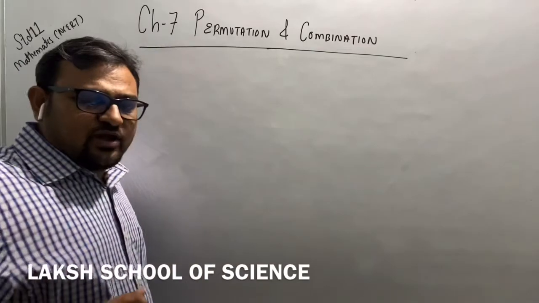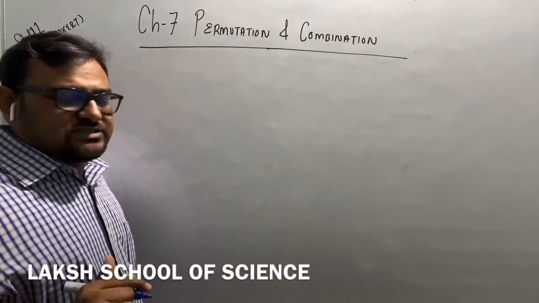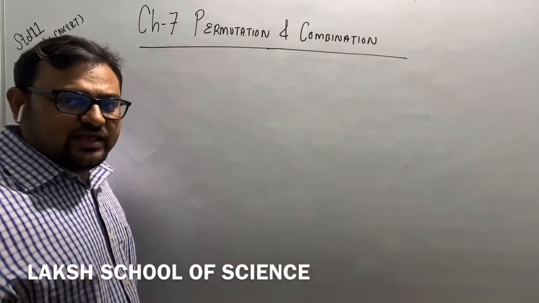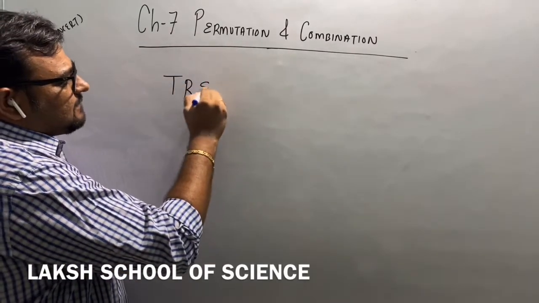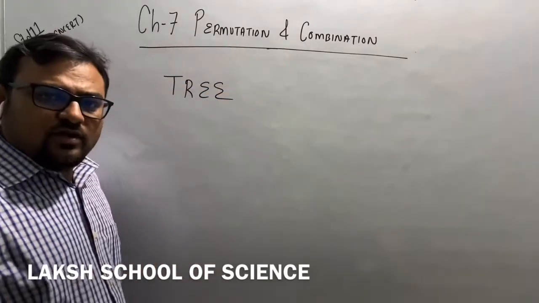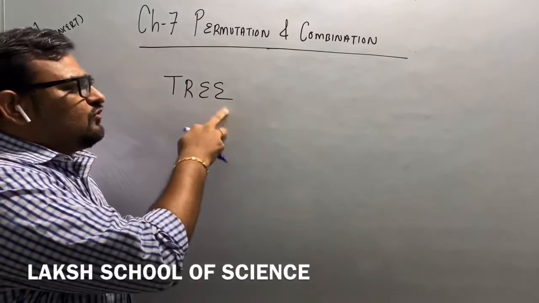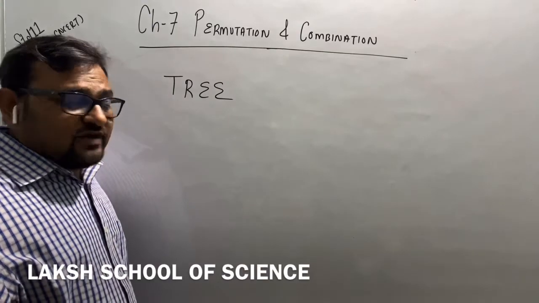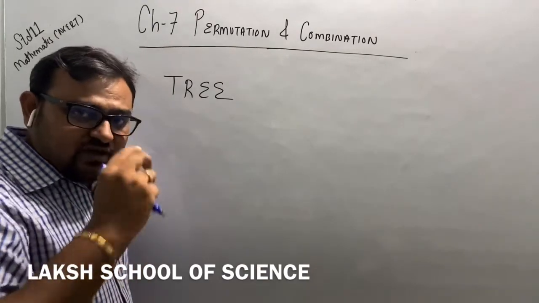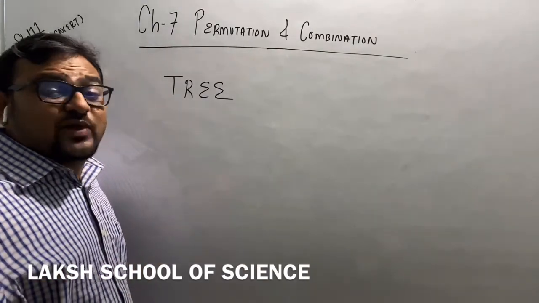In the last video, I gave you one example of TREE, T-R-E-E. How many words can we form? If we see 1, 2, 3, 4, 4 factorial, then 24. But when we tried to form it, there were only 12 words.